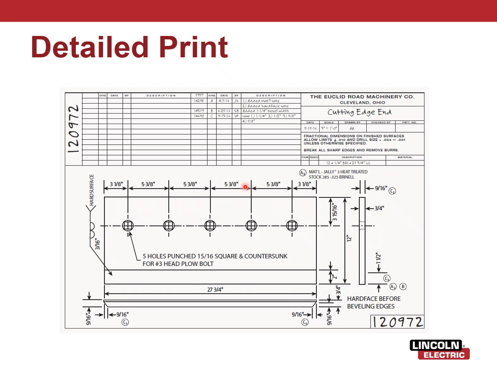All right, this is our orthographic drawing. We're in a multi-view. So we've got the front, the top, and the side. And that gives us all the information we should know. Right here, okay, a note, your leader line, 5 holes punched, 15/16 square and countersunk for number 3 head plow bolt. And obviously we don't need to dictate every single hole, they're all the same, okay?